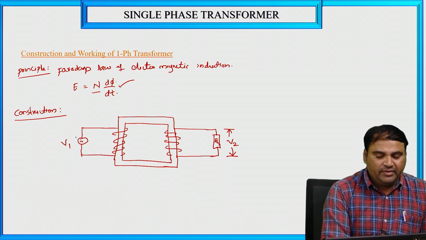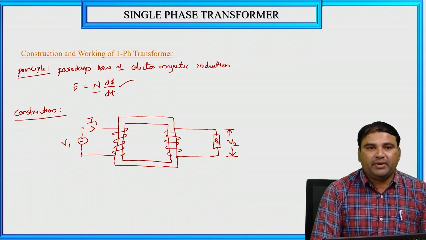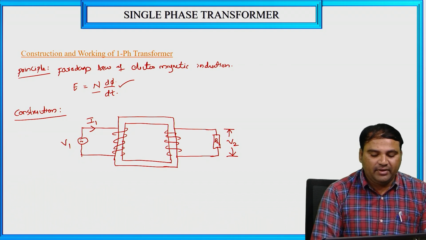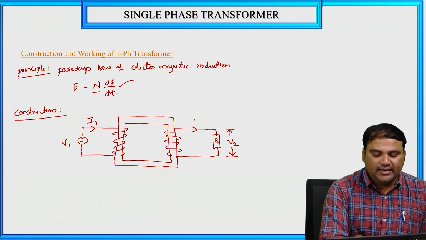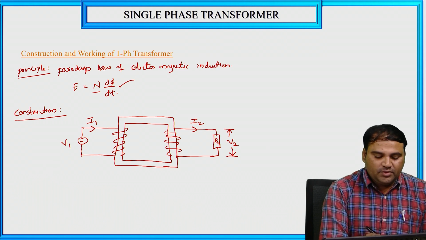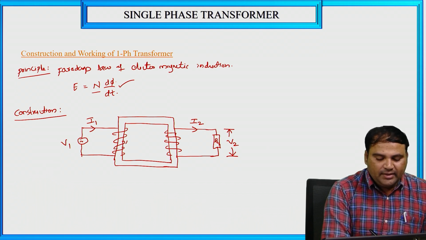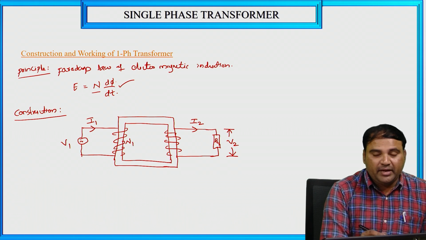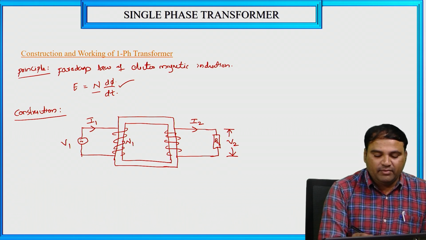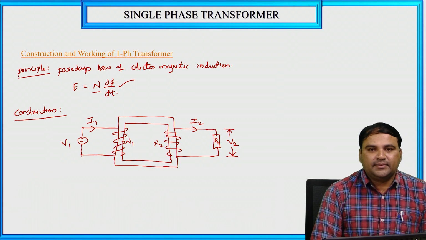Now if you give the supply, what will happen? The electrical current passes through the primary side. The primary current is represented as I1 and the secondary current is represented by I2. The windings are represented by turns, that is, N1 is the primary number of turns and N2 is the secondary number of turns.